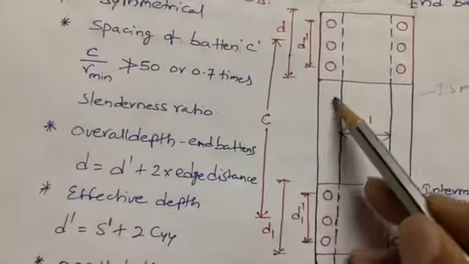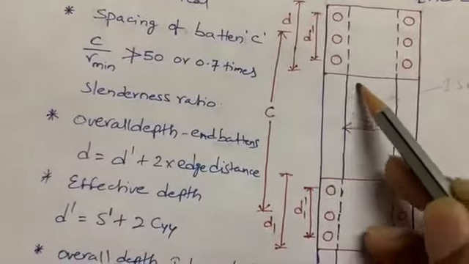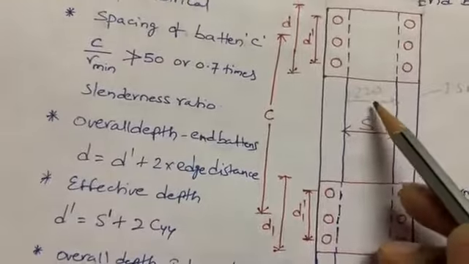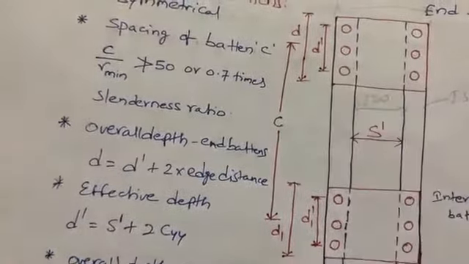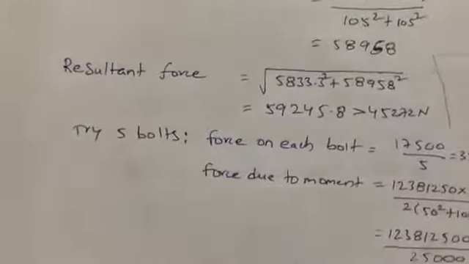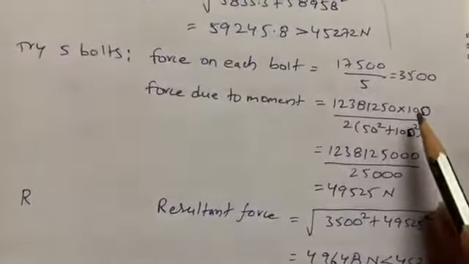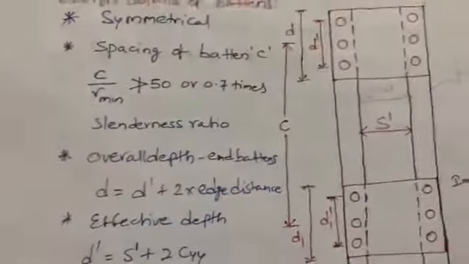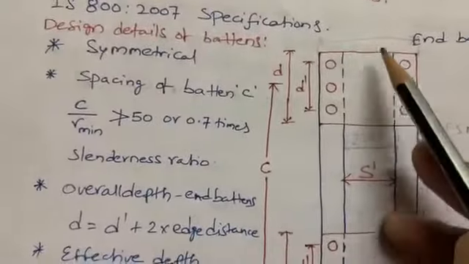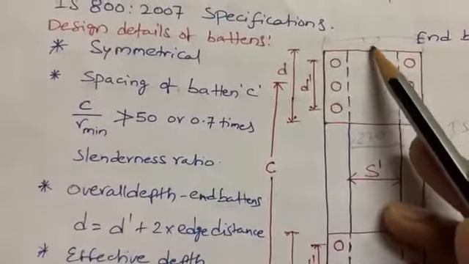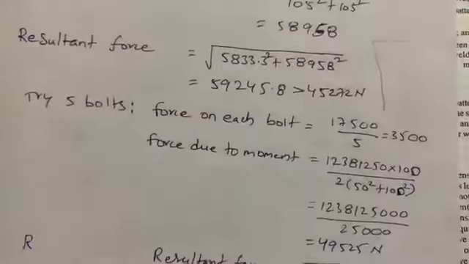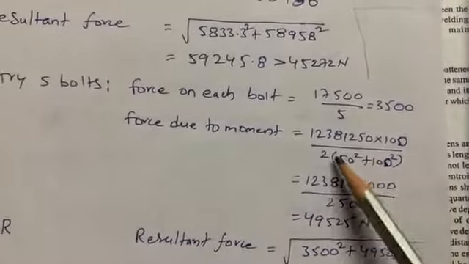The overall spacing of this distance is 220. In this we need to calculate the moment. Already we calculated the moment, and in this half of this I am taking 110. Like that I am calculating 2 into r square.